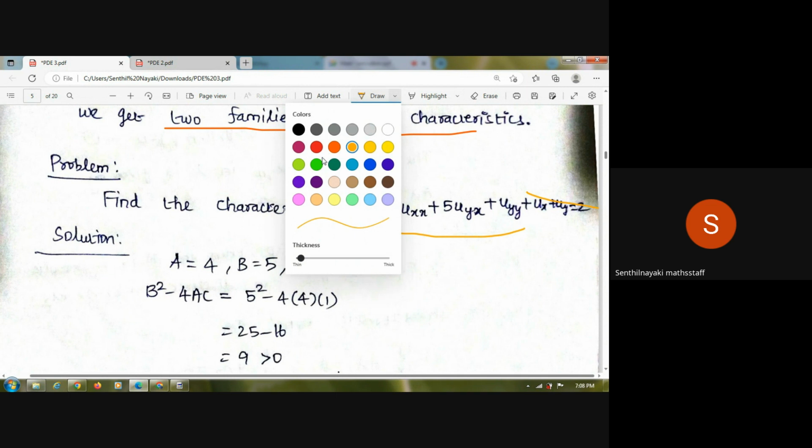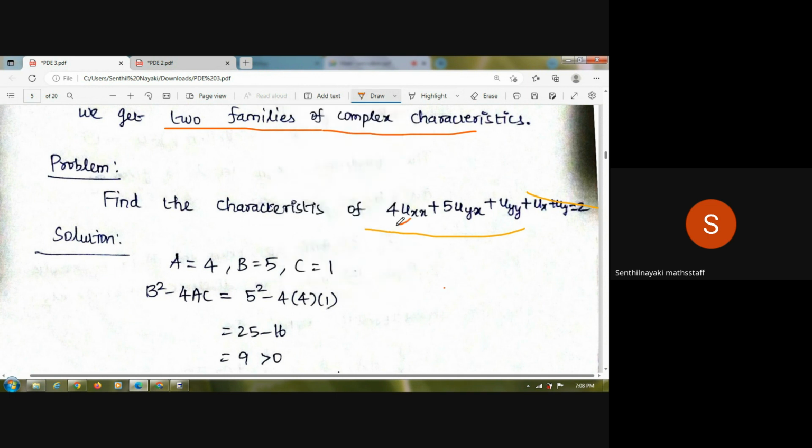Okay, already I have said so many times, the coefficient of uxx is a, the coefficient of uxy is b, and the coefficient of uyy is c. Okay, then we get the a, b, c values from the given partial differential equation.